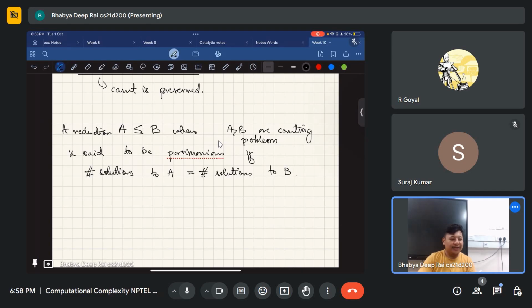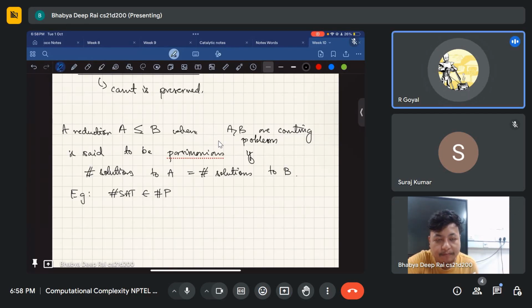For example, if you look at the sharp SAT problem, we can see that it is in sharp P, right? Why is sharp SAT in sharp P?